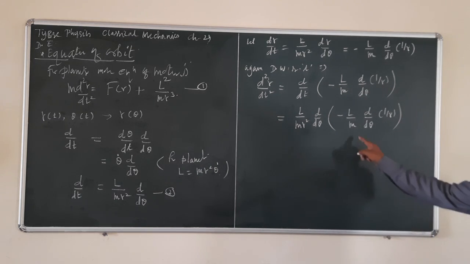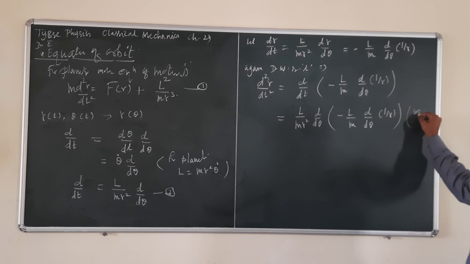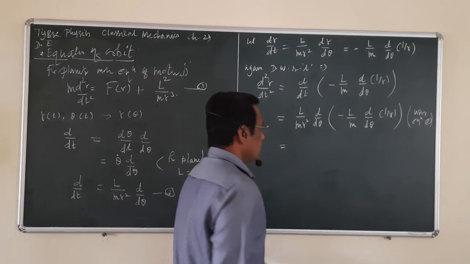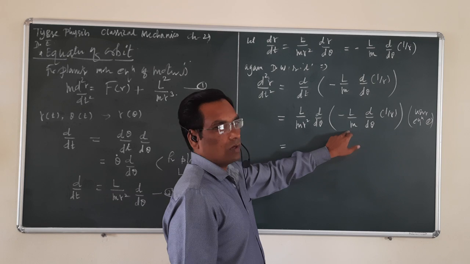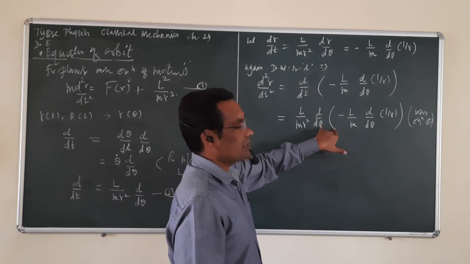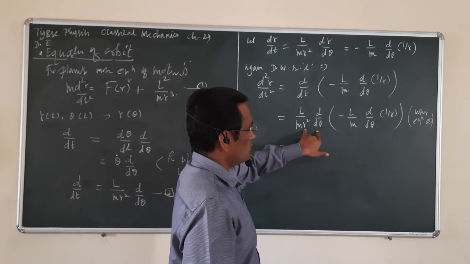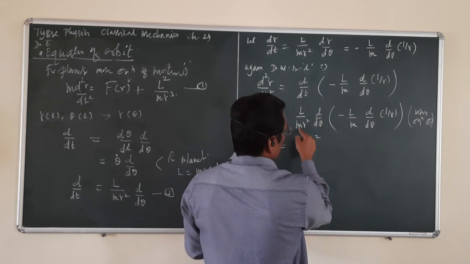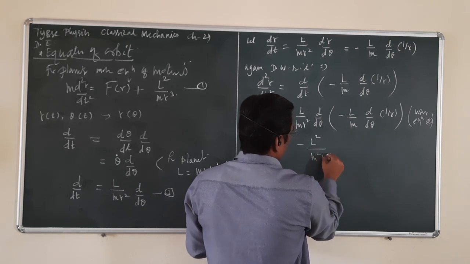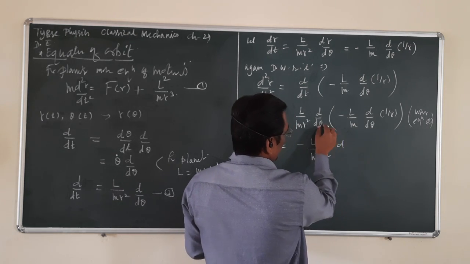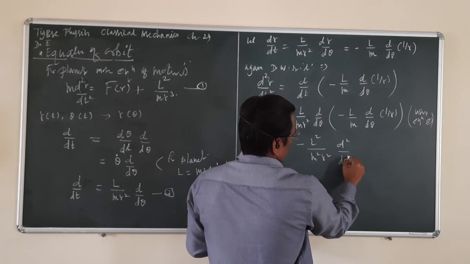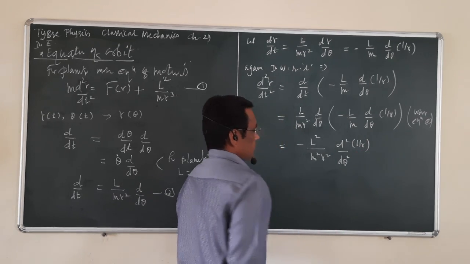Now here using equation number 2, this is equal to, see, this minus L upon m is a constant term which is not a function of theta, so we can take it out. So we will get minus L square, L into L, over m square r square, and if you take d by d theta of this term, that will become the second order derivative of 1 over r.